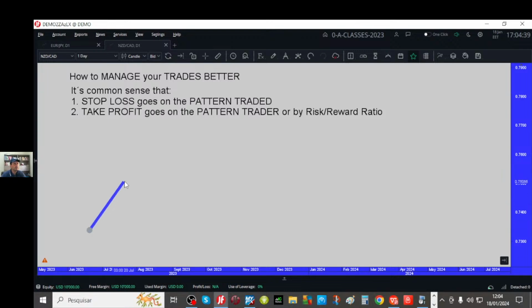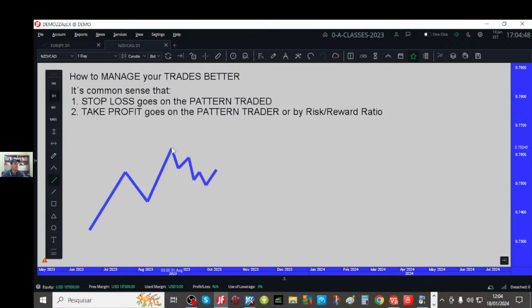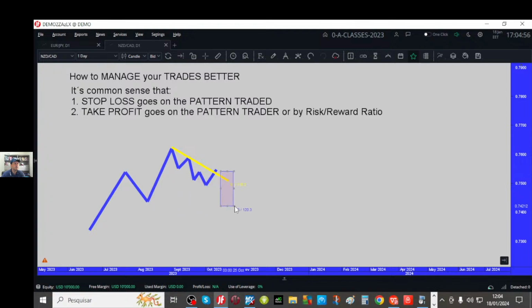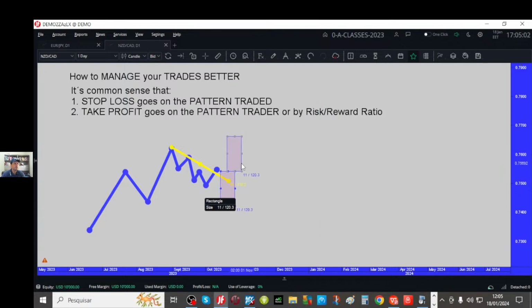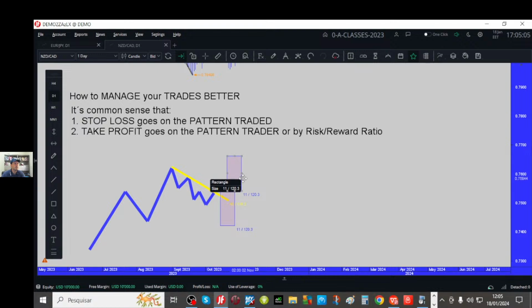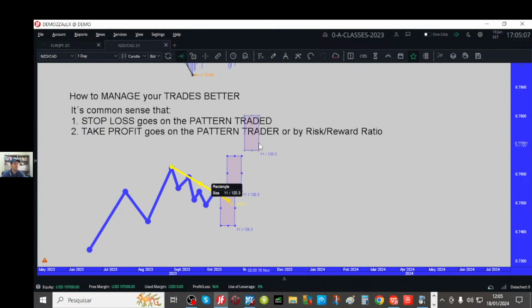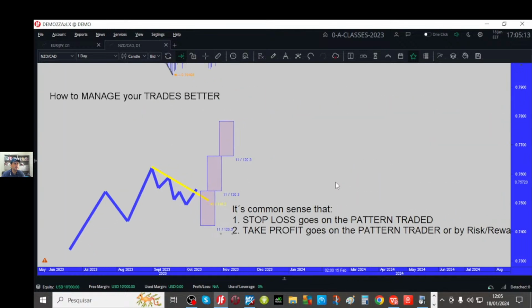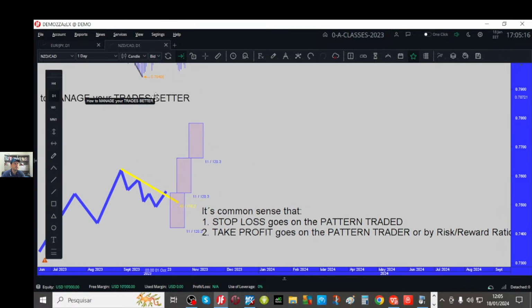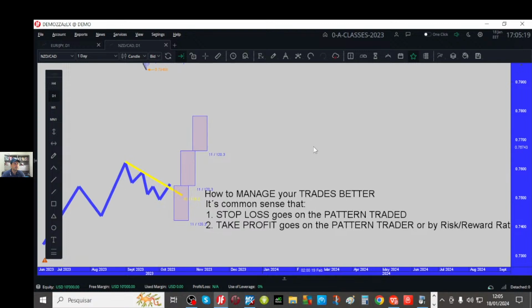This means that if I have an uptrend, just an example, and the market comes down to here, and there is a counter trend line break, then this is going to be my stop loss, and clone, because I don't know how far it's going to go, strategy wise, I'm going to go 1 to 2, agreed? Risk reward ratio.